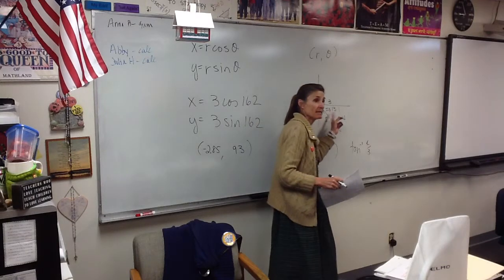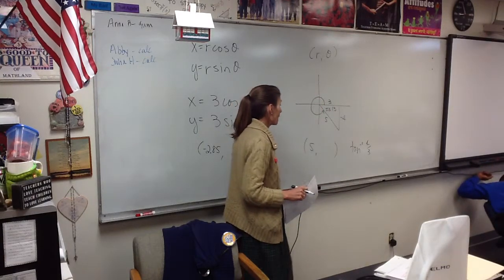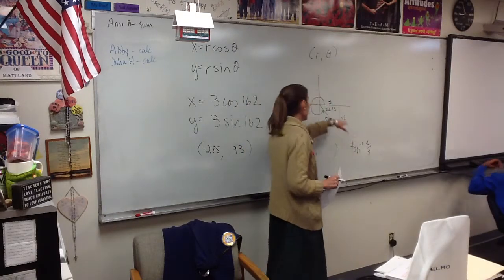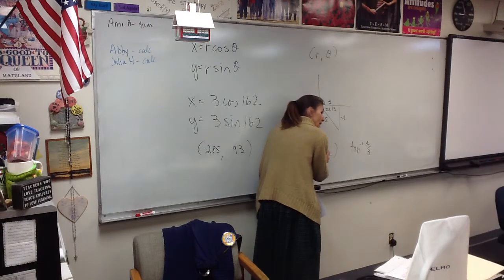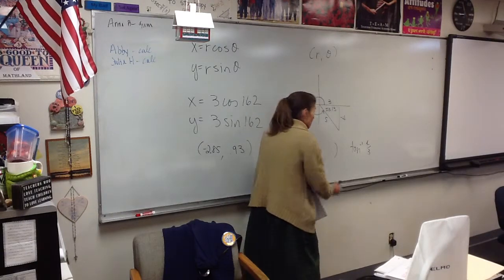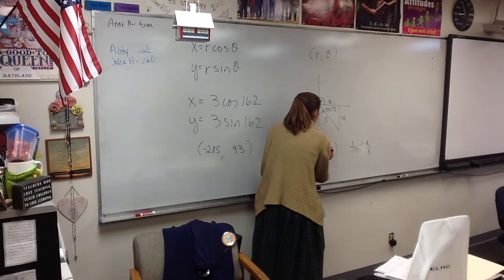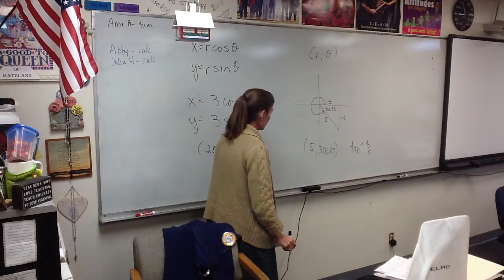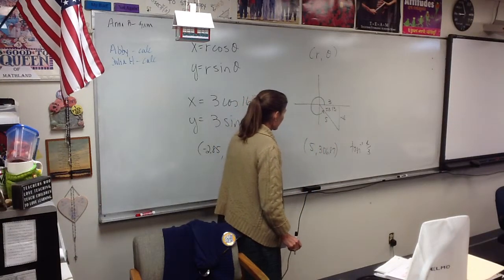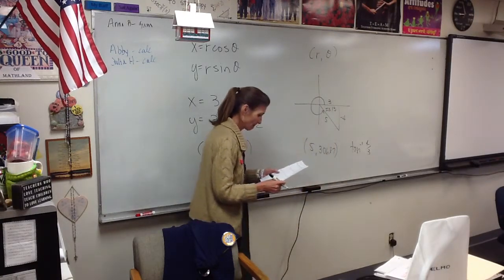That'll just come out to be a negative number when you do that. Now, second tangent 4/3 gave me 53.13. So what's the actual angle that I put in my ordered pair? 360 minus that, which will be 306.87. Oh, double check my arithmetic. 306.87.